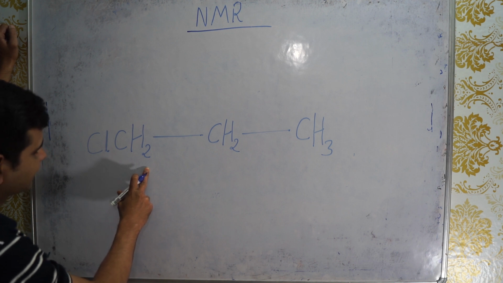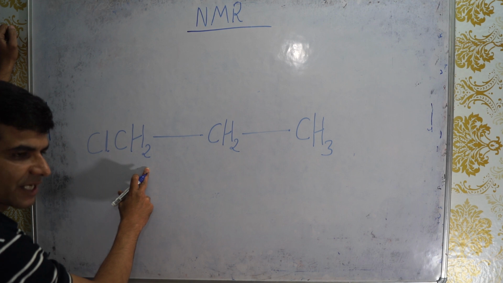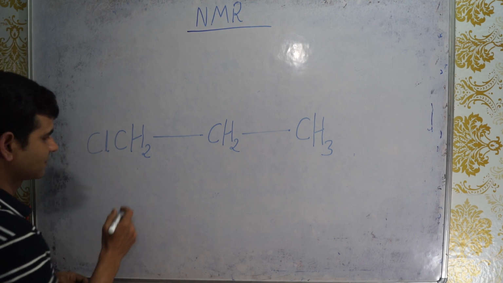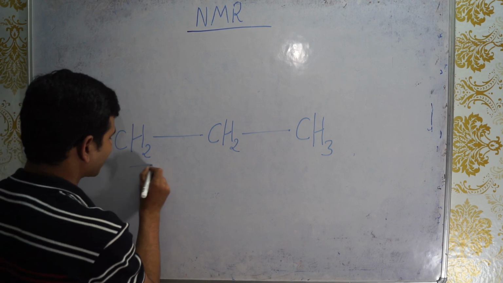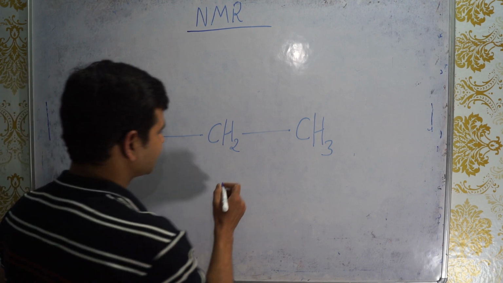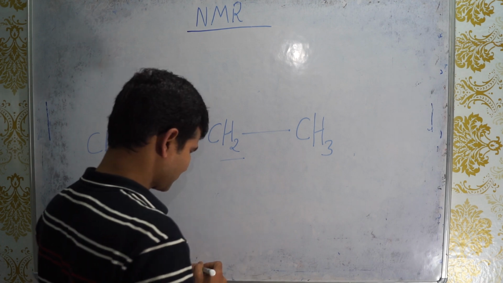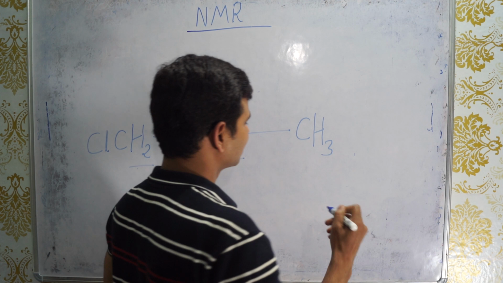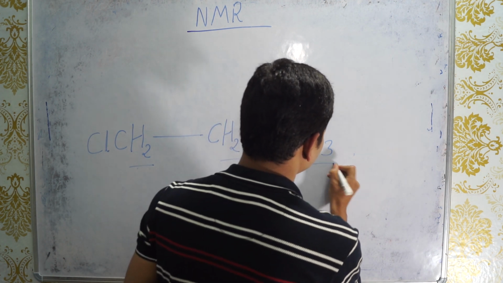Here we see that three types of hydrogen atoms are present in one chloropropane. These are type 1 hydrogen atoms, these are type 2, and these are type 3.